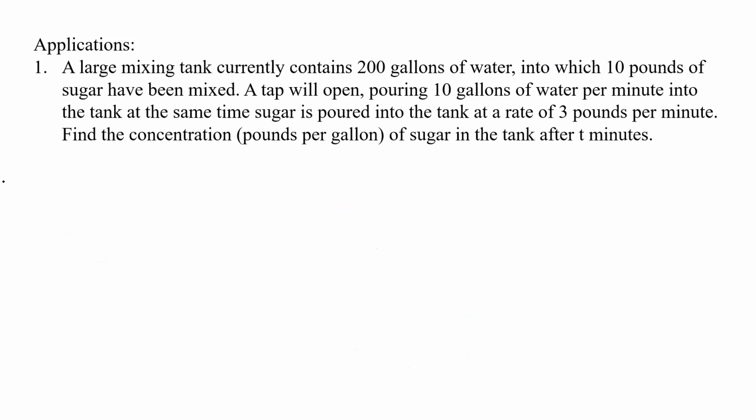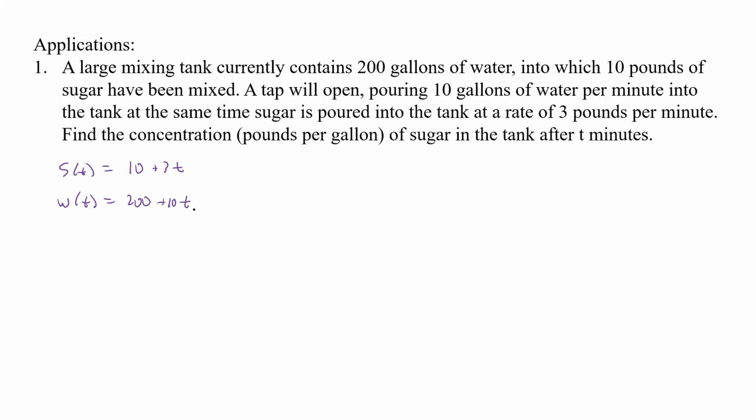All right, so maybe we should write two functions here and then combine them into the final function. Maybe we can have a sugar function and I guess a water function. Okay, sugar, we have 10 pounds and we're going to add in 3 pounds per minute. And water, we started with 200 gallons, and we're going to add in 10 gallons per minute.